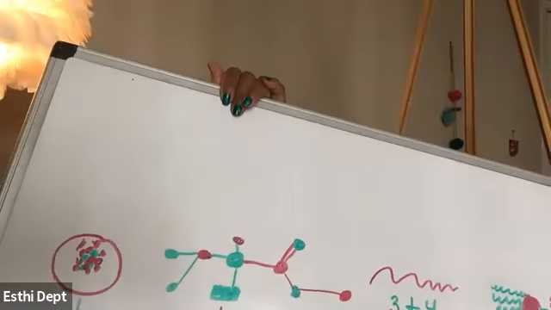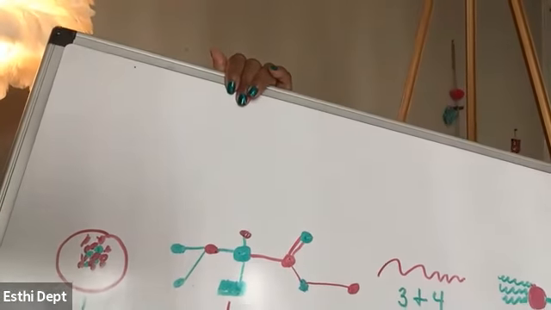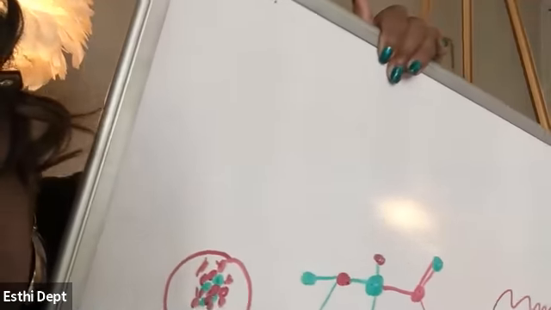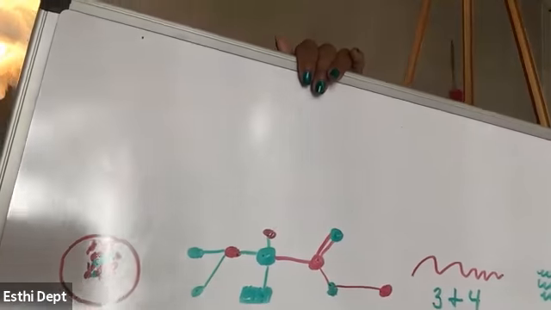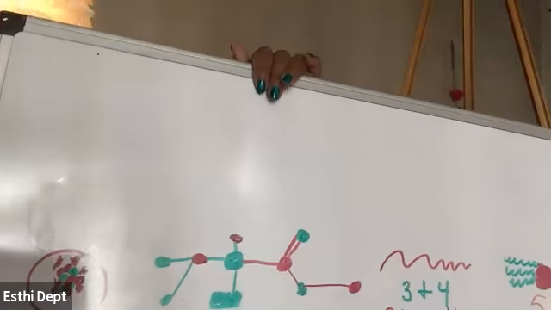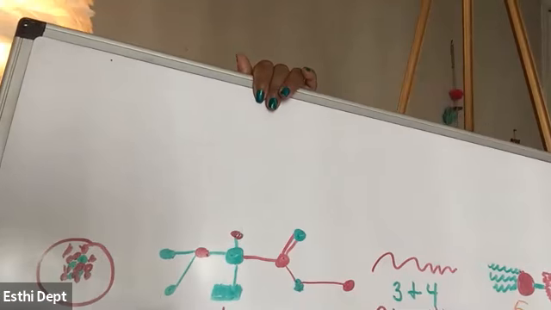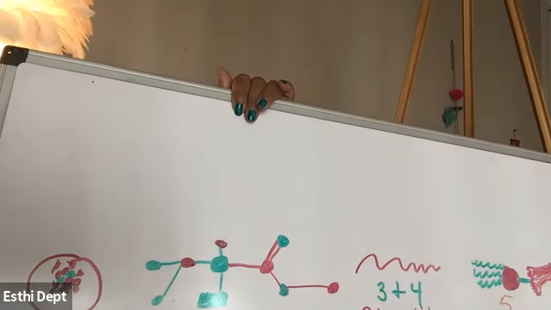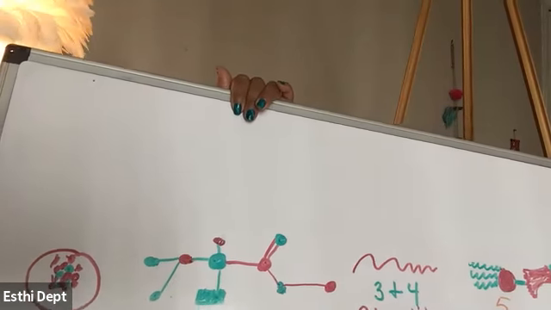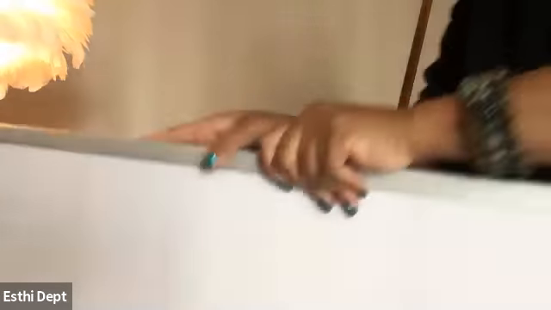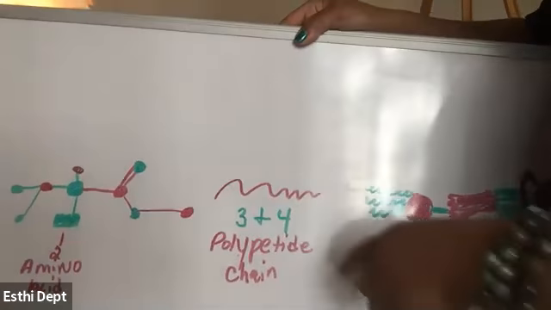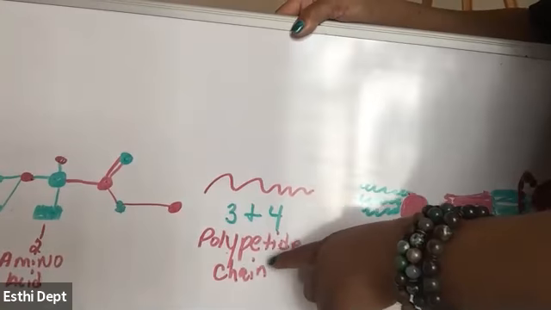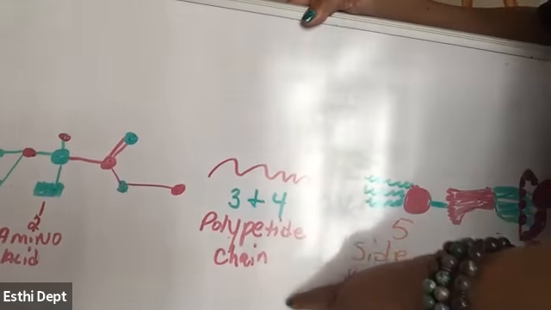On my board, I drew the chemical structure of hair. First, we have the atom. Second, we have the amino acid. Third and fourth, we have the polypeptide chain.